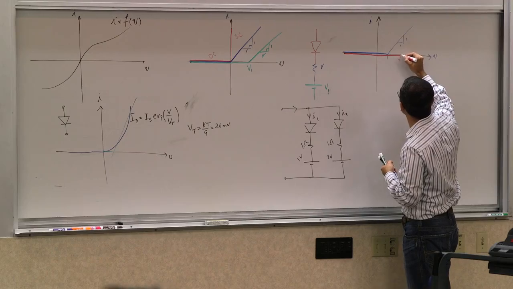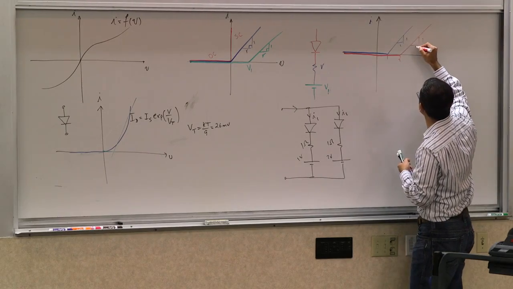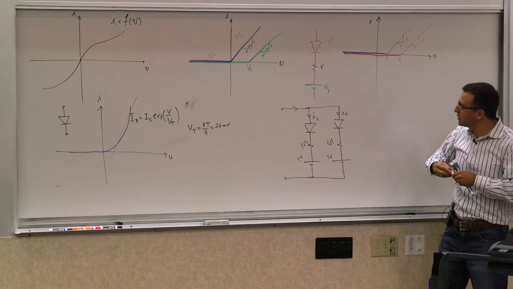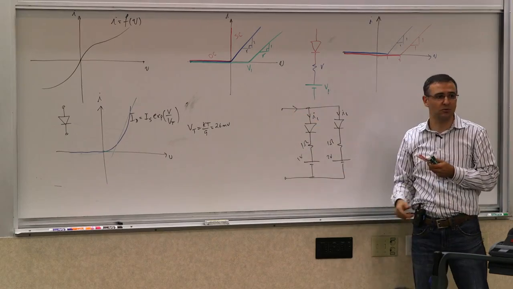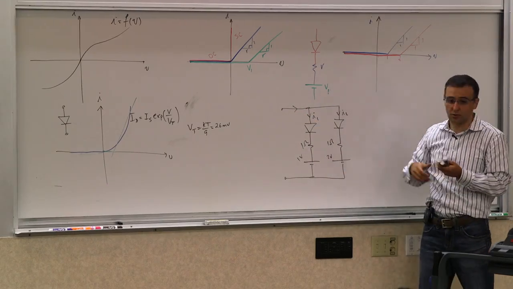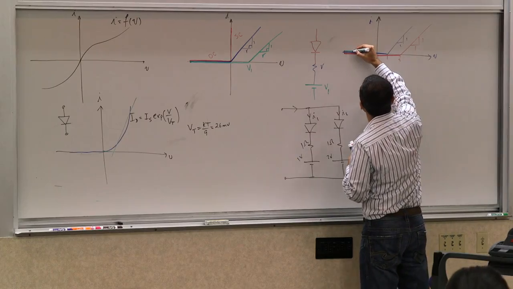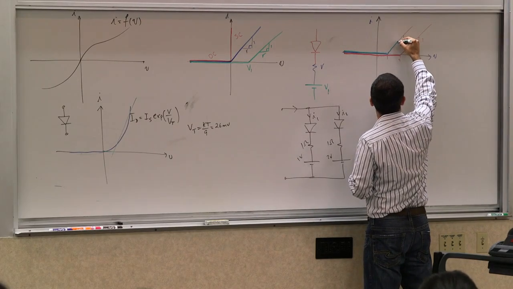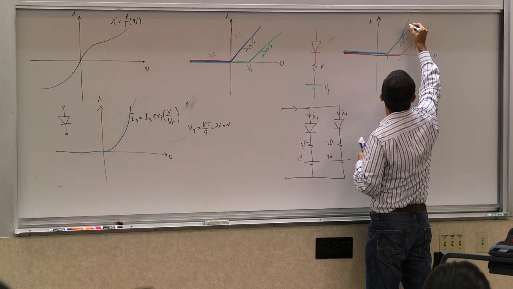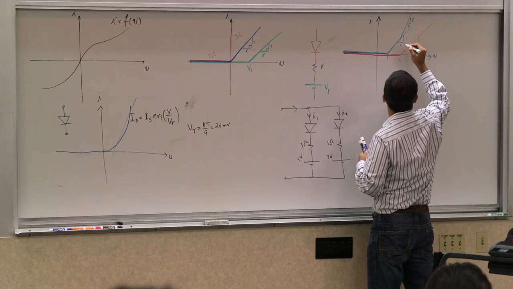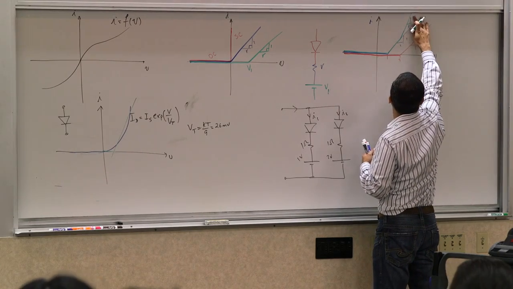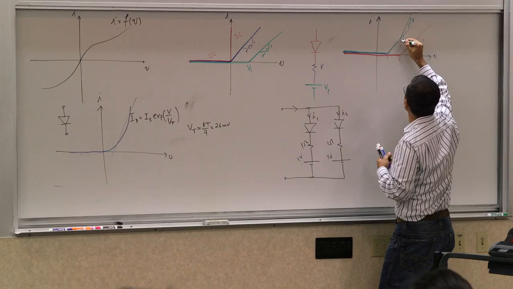You come to 2 volts, and you go with a slope of 1. So what is the total current through this, which is the sum of these two currents? It's the sum of these two curves. Do you agree? So it would be something like this, where the slope becomes 2 here, and it's 1 here.